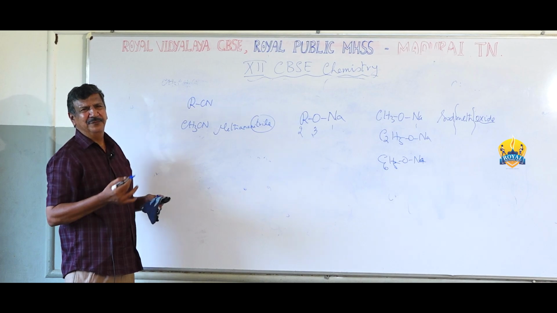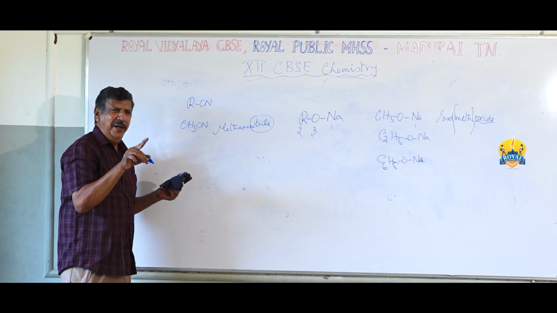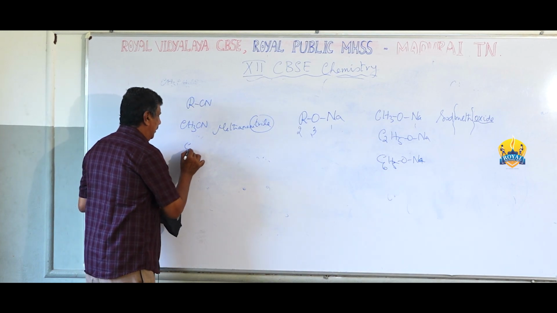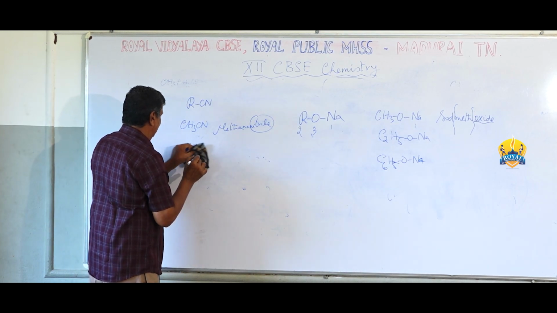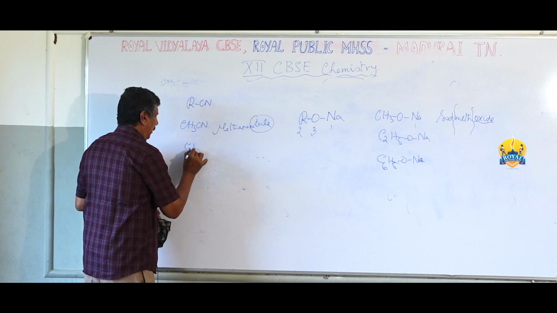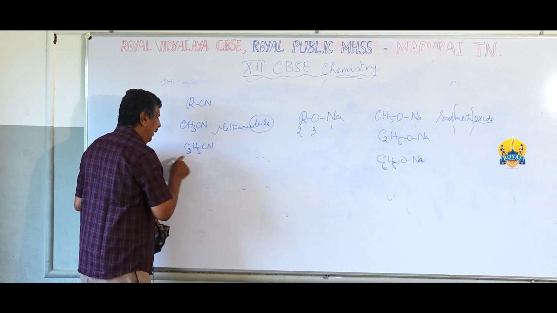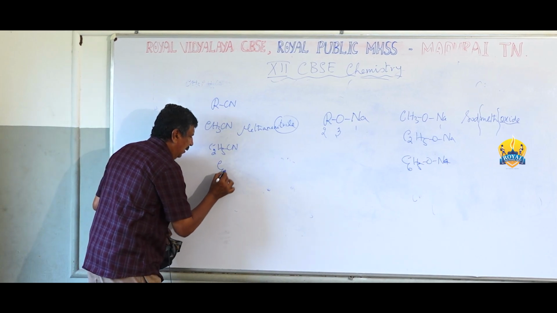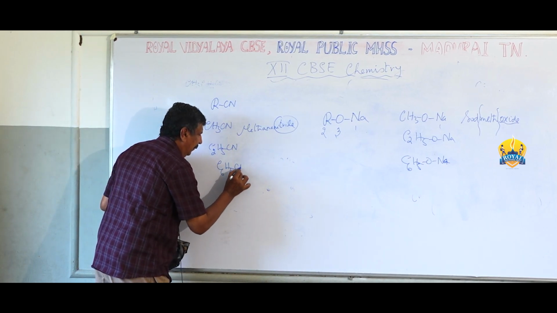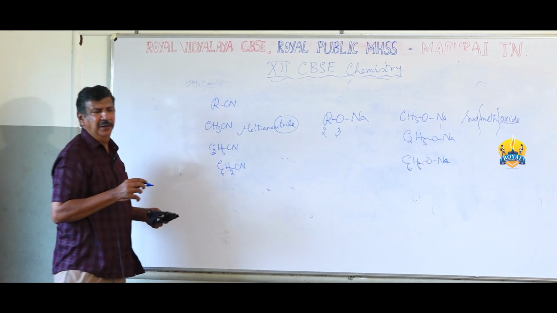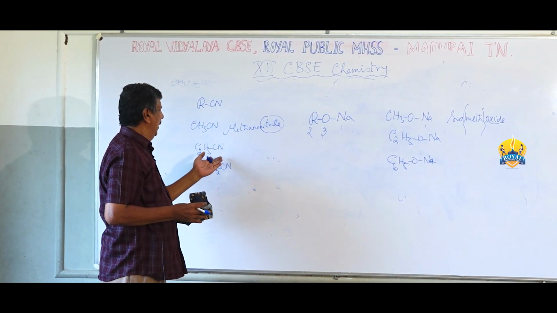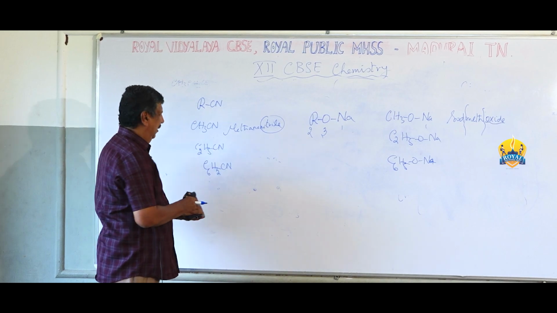Then so on. But there is another name, methyl cyanide. And what about this? Ethyl cyanide. What about this? Phenyl cyanide. So methyl cyanide, ethyl cyanide, phenyl cyanide.